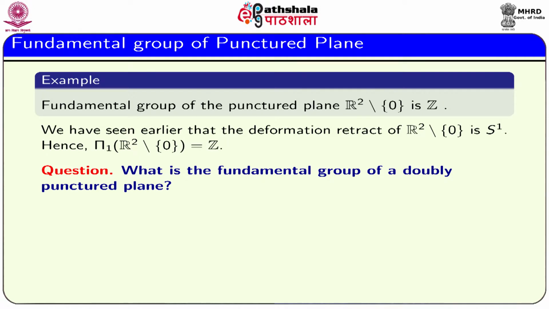So, the fundamental group of R2 minus 0 should be the fundamental group of S1, and therefore it is Z. Now one thing can be noted, that if we start with an annulus, then annulus also has the same deformation retract S1. Though annulus and R2 minus 0, that is punctured plane, are not homeomorphic, their fundamental groups are the same, that is the group of integers.